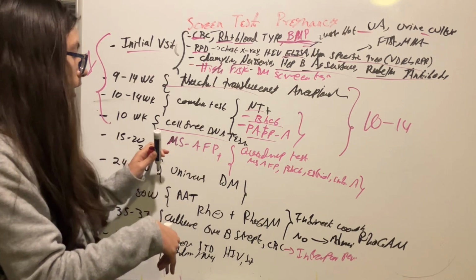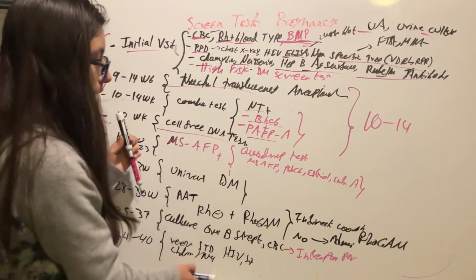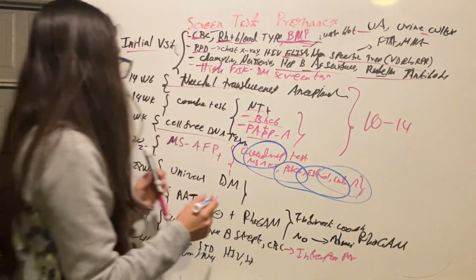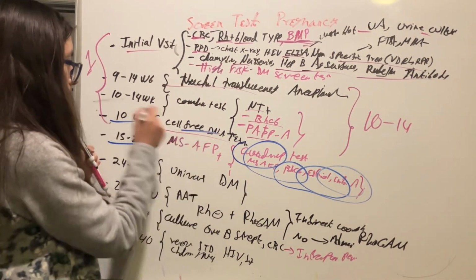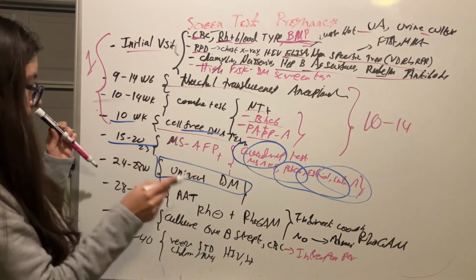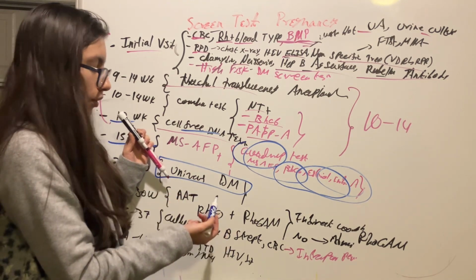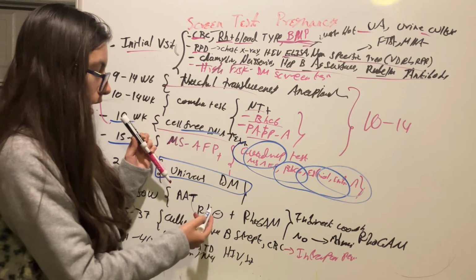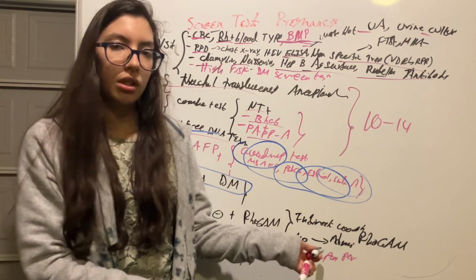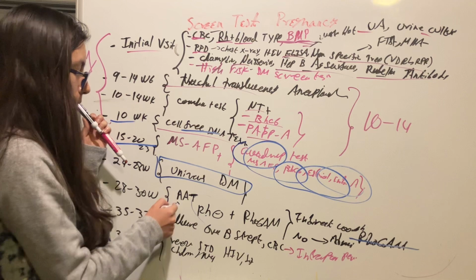At 15 to 23 weeks gestation, we do the quadruple screen test, which is maternal serum alpha-fetoprotein, beta-HCG, estriol, and inhibin A. 24 to 28 weeks gestation is the universal screen for diabetes mellitus. 28 to 30 weeks gestation is the screen for sensitization for an Rh negative patient. If the patient has no antibodies, then we administer RhoGAM. So this is the time to test and administer RhoGAM.